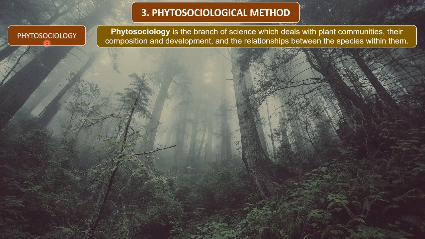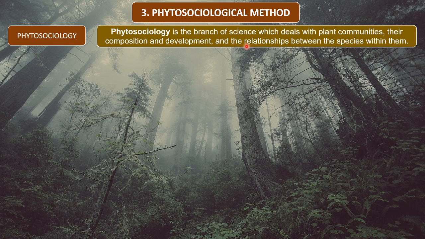So in phytosociology, mainly we are trying to learn about the relationship between the species within them. Now see, plants also socialize, right? They also have a community. Species, all kinds of organisms have community. So when we understand the relationship between the species within them, then it is called phytosociology.